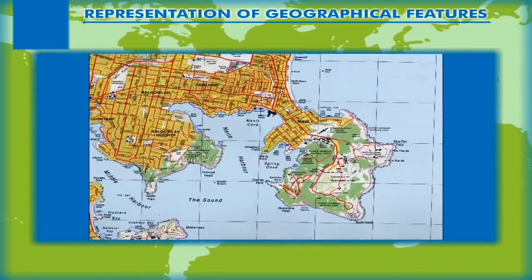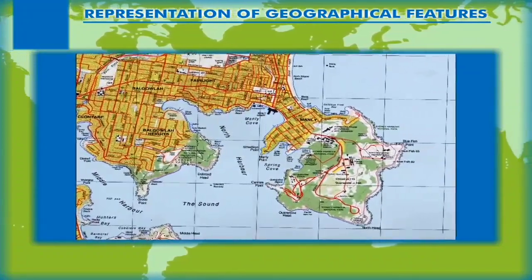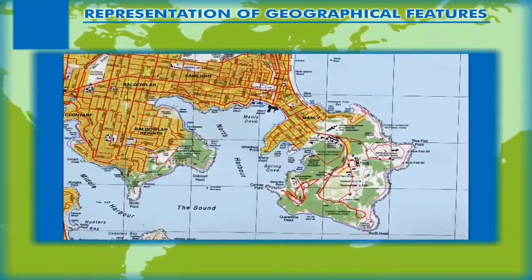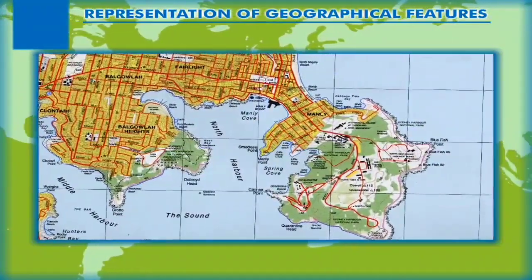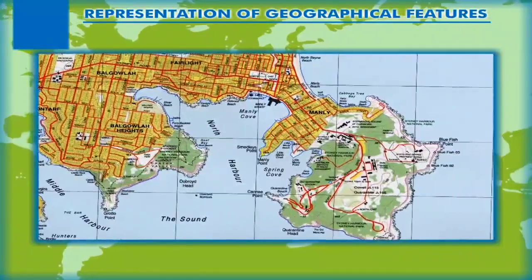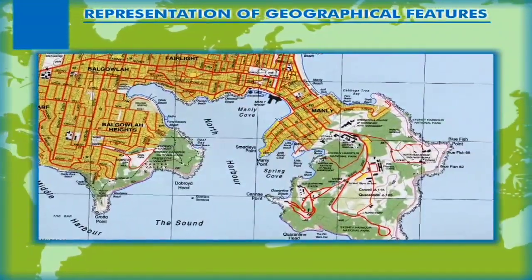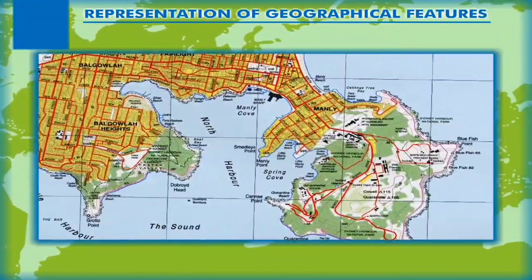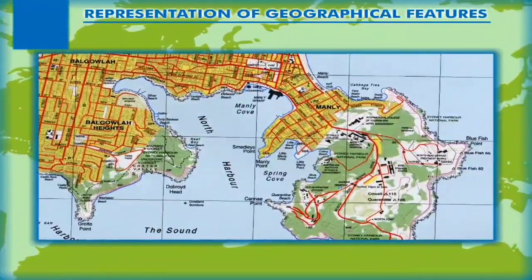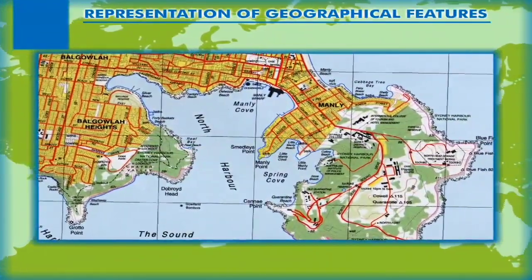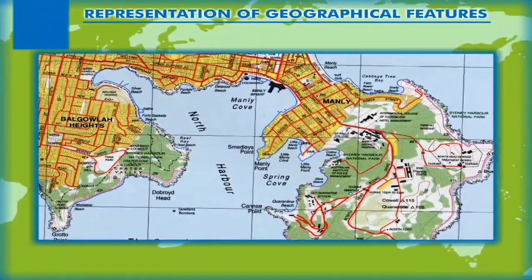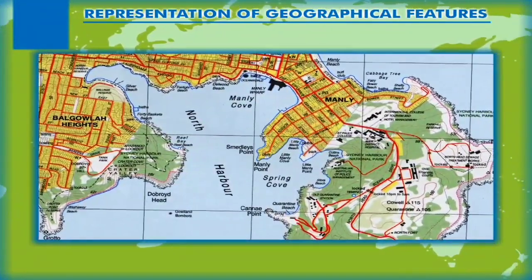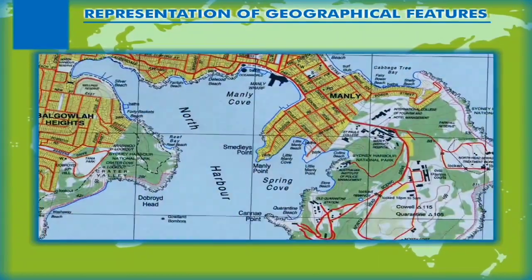In modern mapping, a topographic map or topographical sheet is a type of map characterized by large-scale details and quantitative representation of relief, usually using contour lines. A topographic map shows natural and man-made features also.